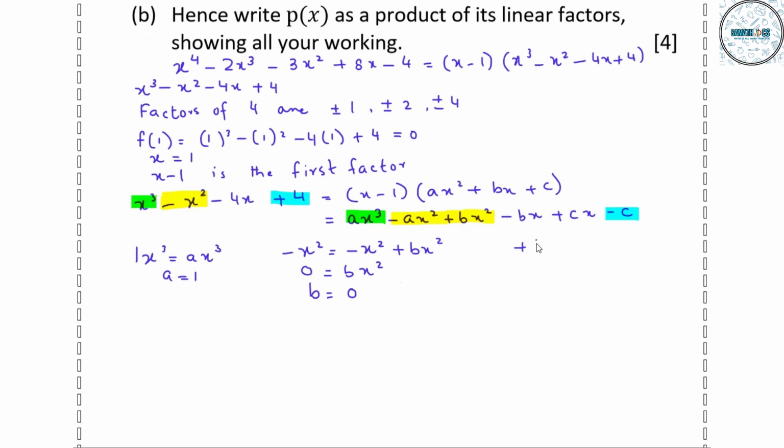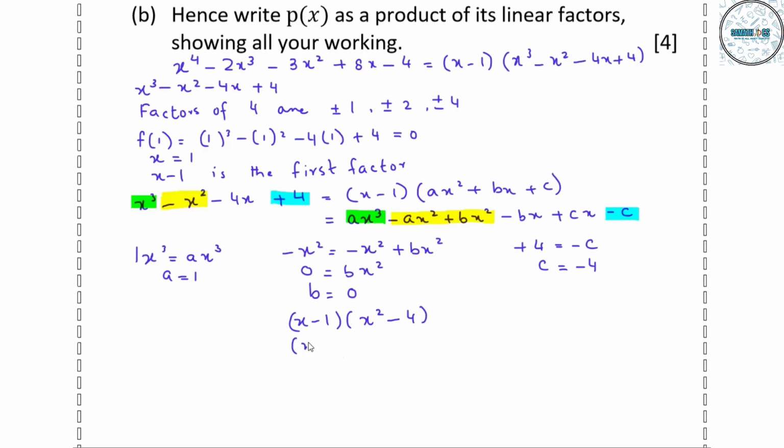Plus 4 is equal to minus c, so c is equal to minus 4. We have here x minus 1 into x squared. The value of b is 0, so we don't need to write this, minus 4.